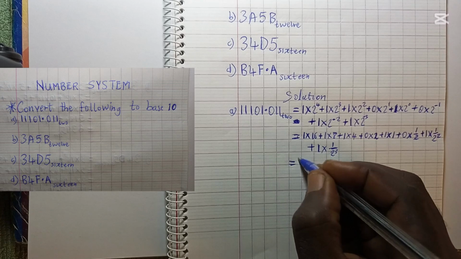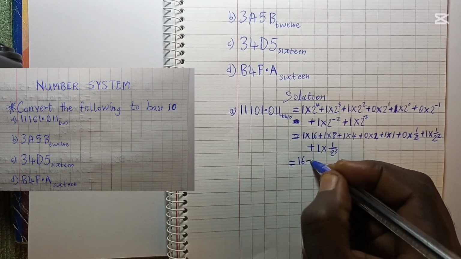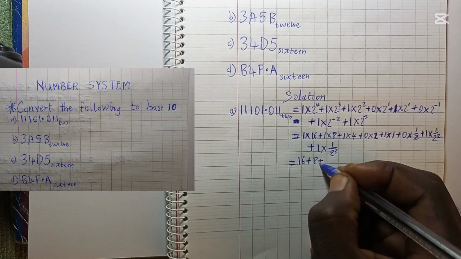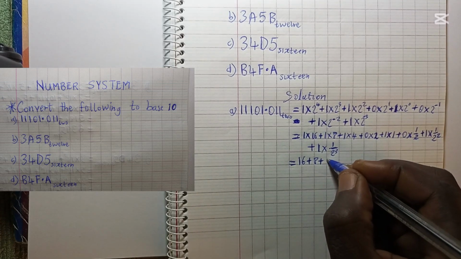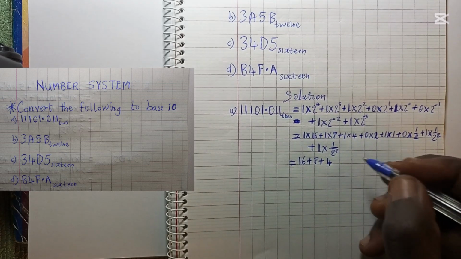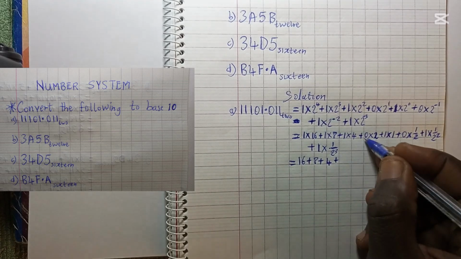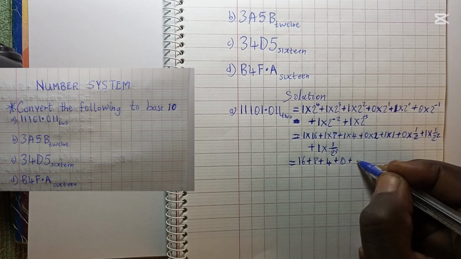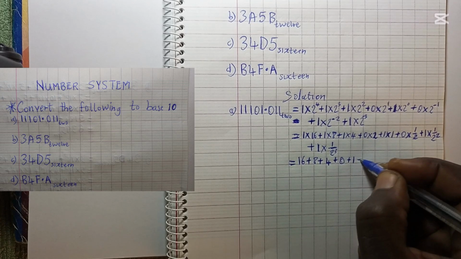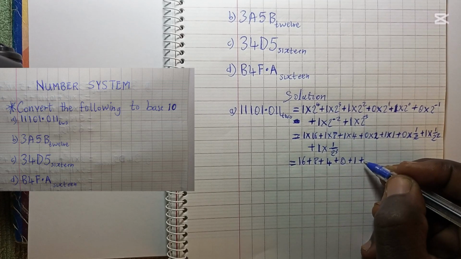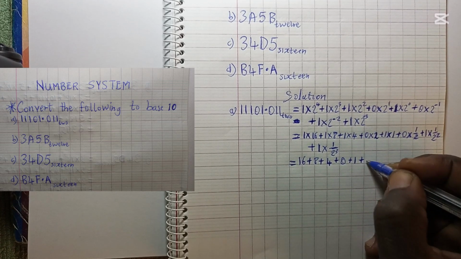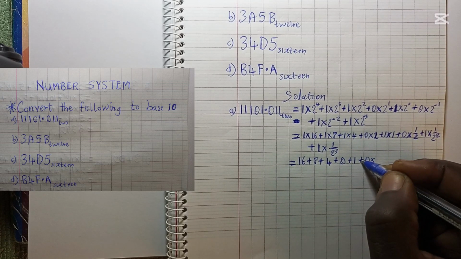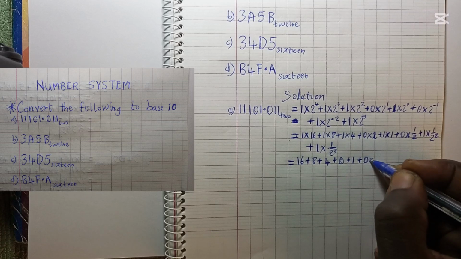1 times 16 is 16, plus 1 times 8 is 8, plus 1 times 4 is 4, plus 0 times 2 is 0, plus 1 times 1 is 1, plus 0 times 1 over 2 will give us 0.